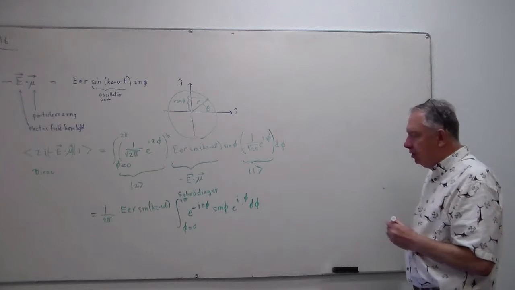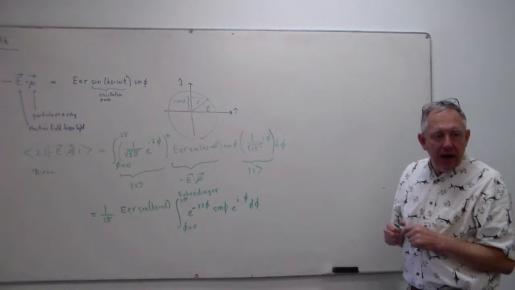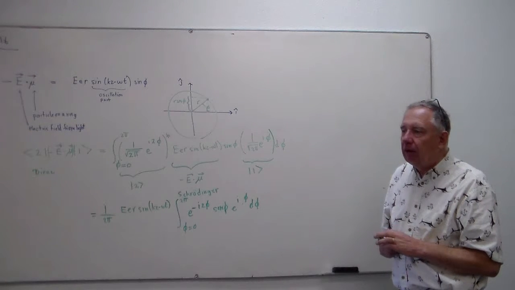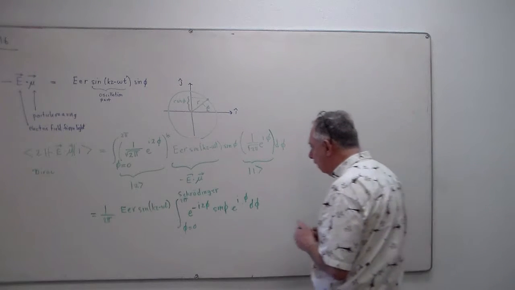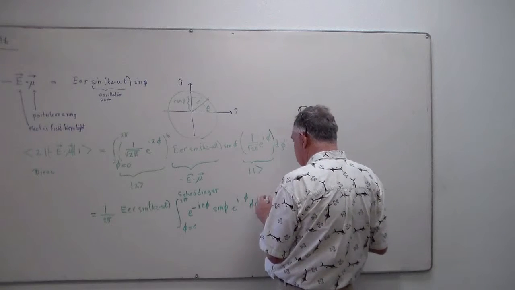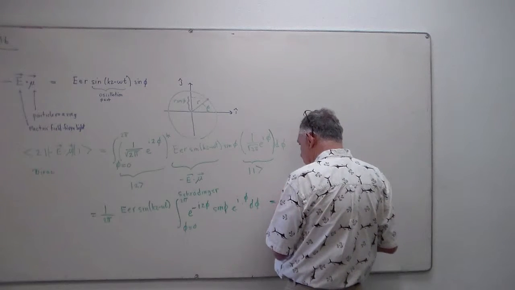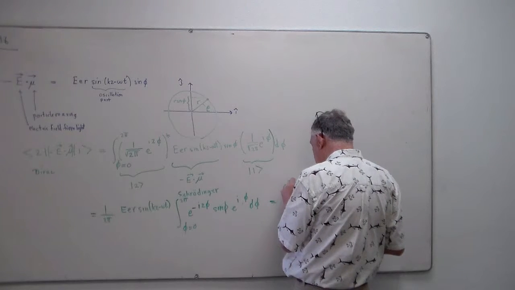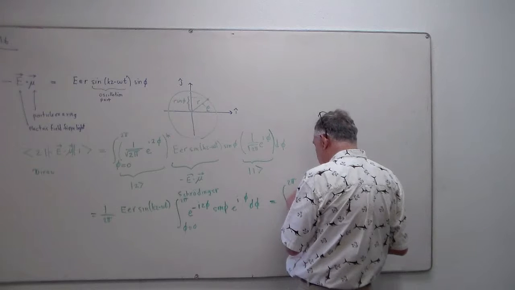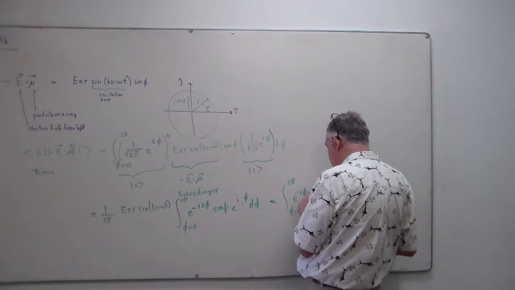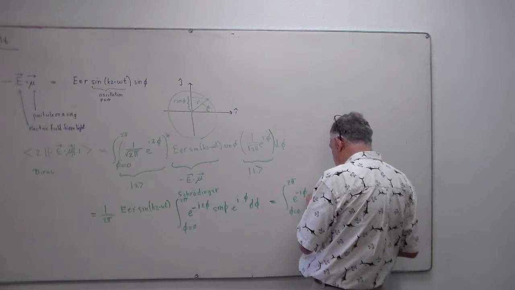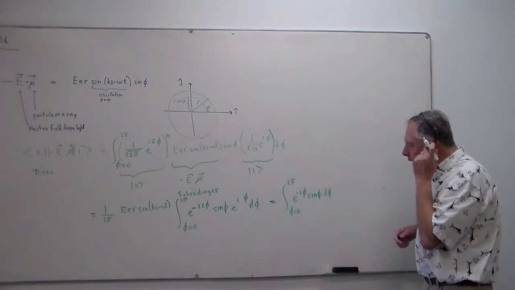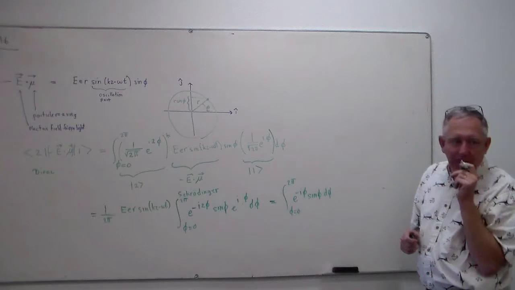Now, can you suggest how to proceed? You can combine the e's. You can combine the e's, okay. So this is phi equals 0 to 2 pi, e to the minus I phi, sine phi, d phi. Okay, now tell me how to progress.